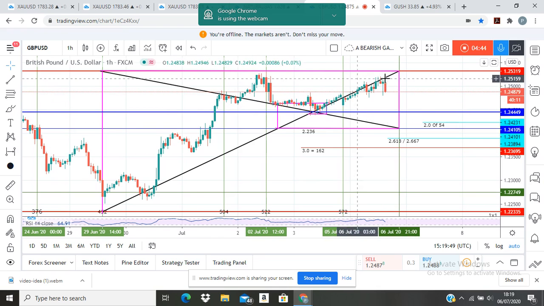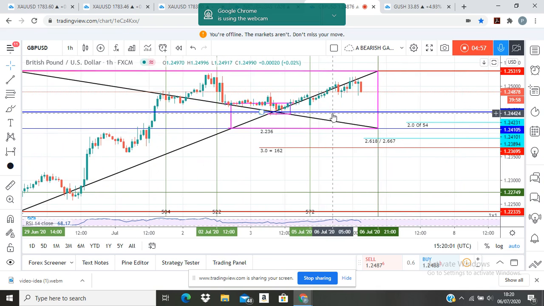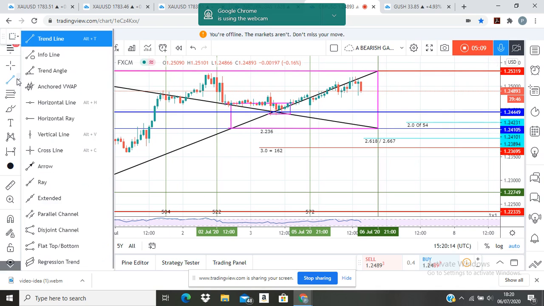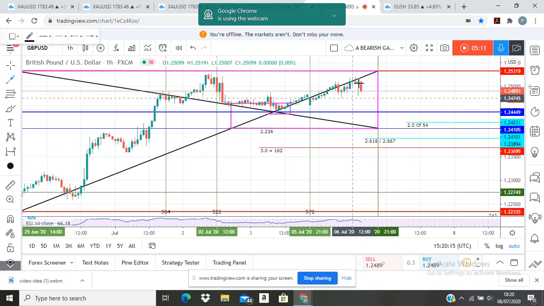So we expect price to maybe come to the corner here to finish a double top pattern in this spiral. Or if it will come down, we expect that it will not close through the center of this spiral. If it closes through, then we can have some downtrend that can start at the end.